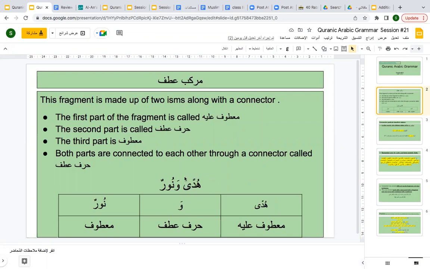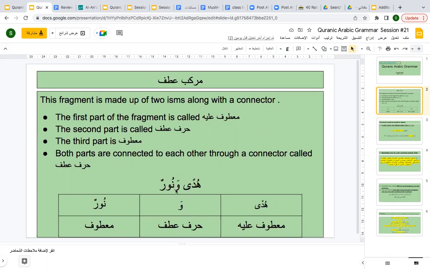Guess the status of Huda. Is it Raf, Nasb, or Jar? It is Raf, because you can easily see that Noor was Noorun. So this waw takes the status from Huda and gives it to Noor.